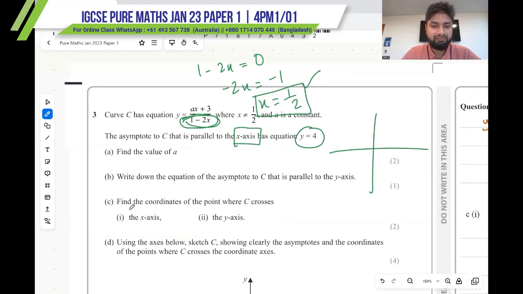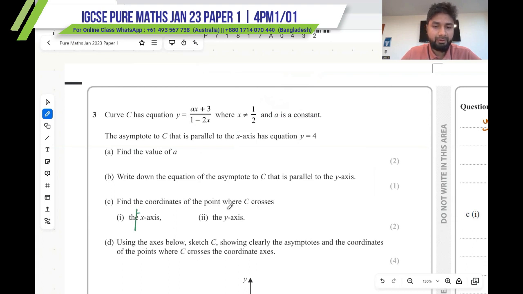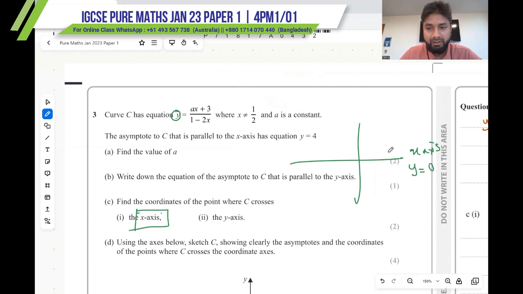Now the next question says, find the coordinates of the point where C crosses the x-axis. We have to put y as 0, because at the x-axis y is always 0, and at the y-axis x is always 0.